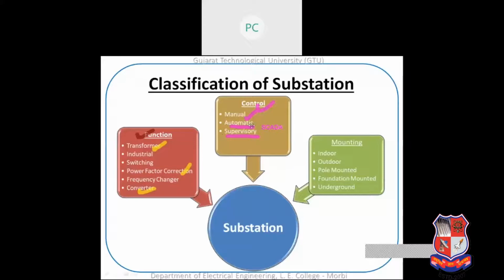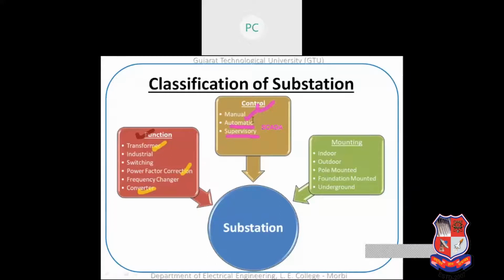So this system controls as well as monitors the entire operation of the power system, or you can say the substation, by automatic software that we are using, right? That is why it is known as a supervisory control type substation. So in earlier days we were using manual substations where we operated the apparatus manually.